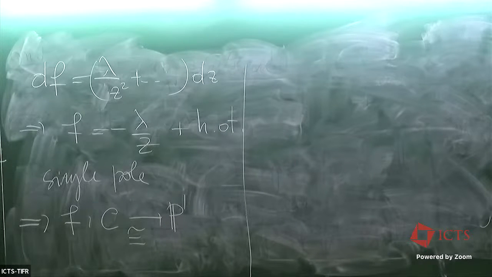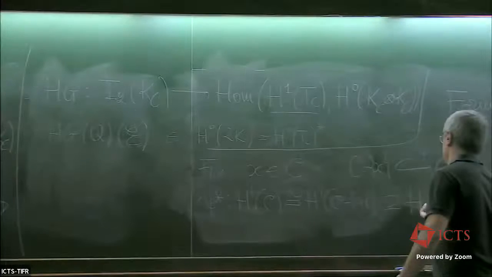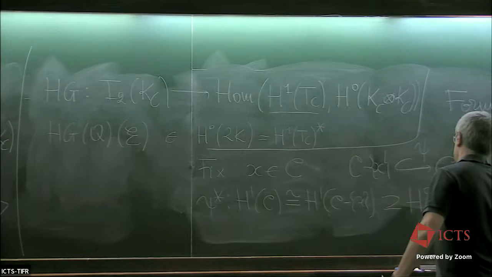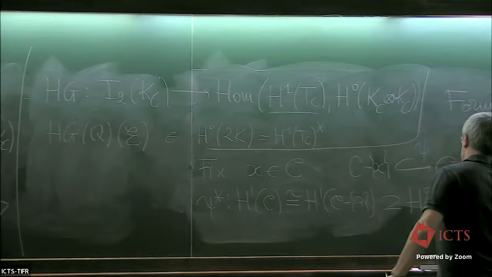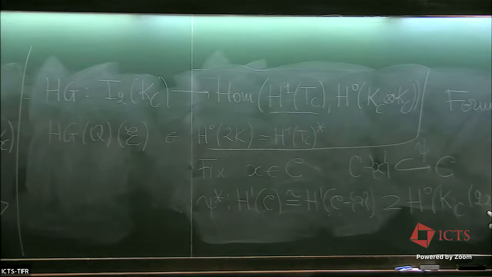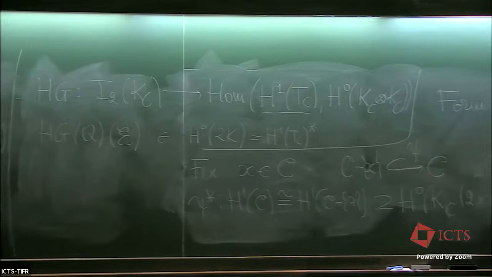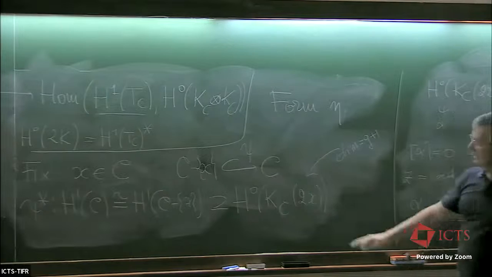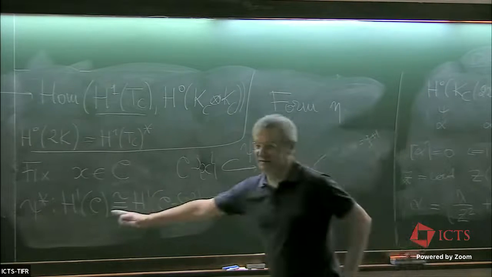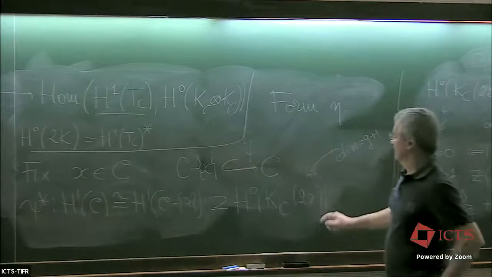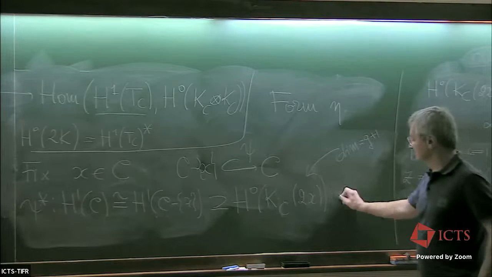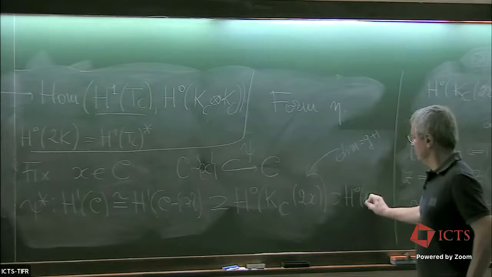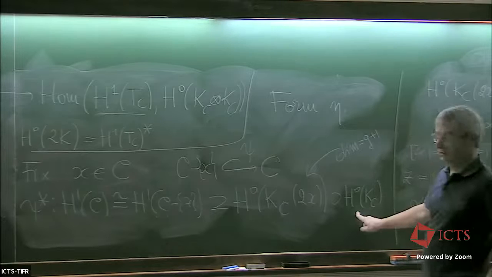Now inside here we have put H naught of K_C(2x). By Riemann-Roch, this space has dimension equal to g plus 1. And now we can look at this space here, and of course it contains the forms with no poles.